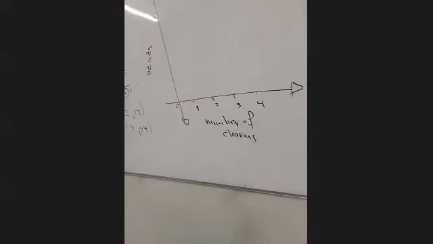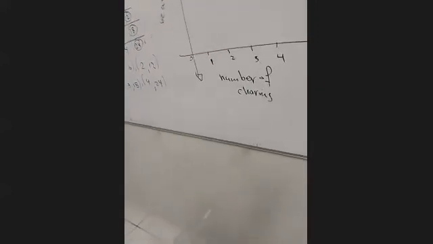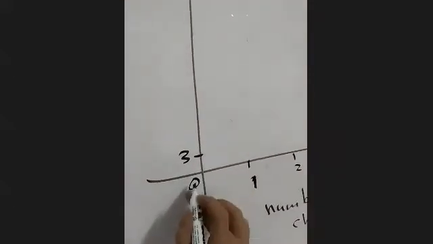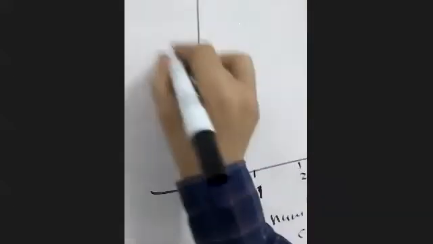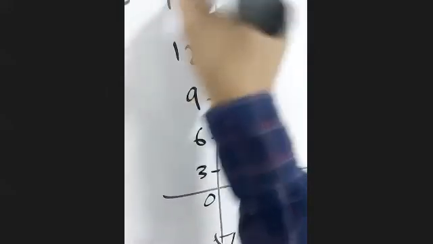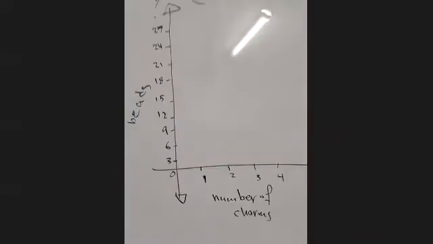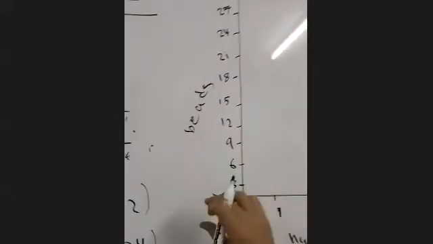Now, the numbers for the Y, they wrote 0, 3, 6, 9, 12, 15. I'll write them here. 0, 3, 6, 9, 12, 15, 18, 21, 24, 27, and more. They jumped by 3s here, guys.